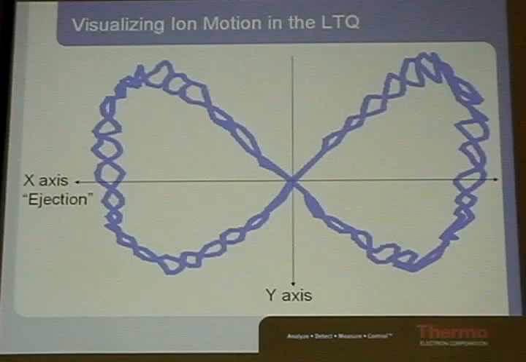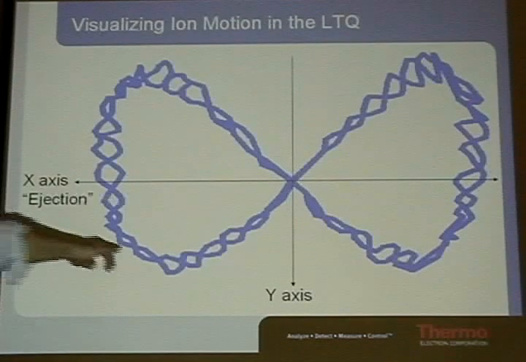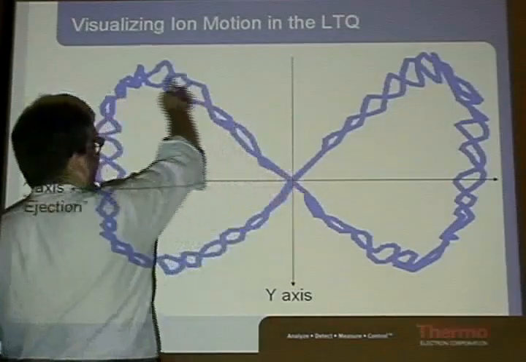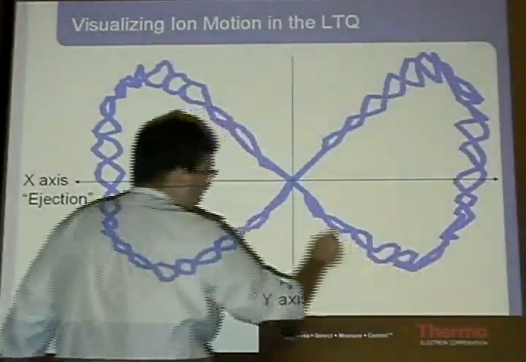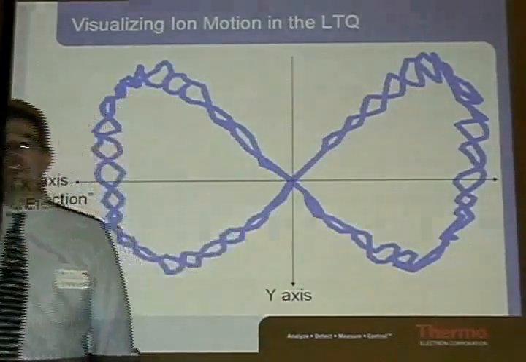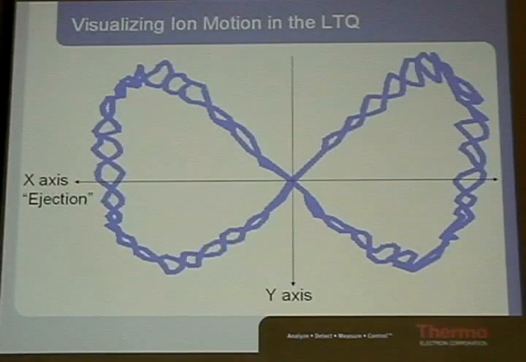Now there's two more important relationships you have to be able to write down. The first one is that the mass to charge ratio is inversely related to the frequency of motion. This is critical. This motion's frequency, how long it takes to complete one cycle, is inversely related to mass to charge.